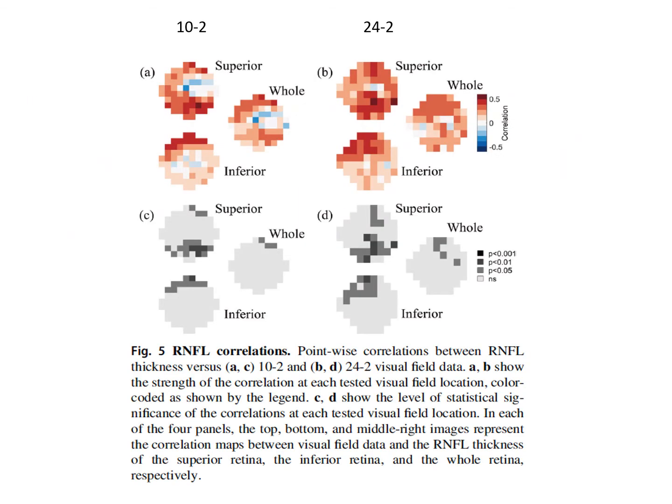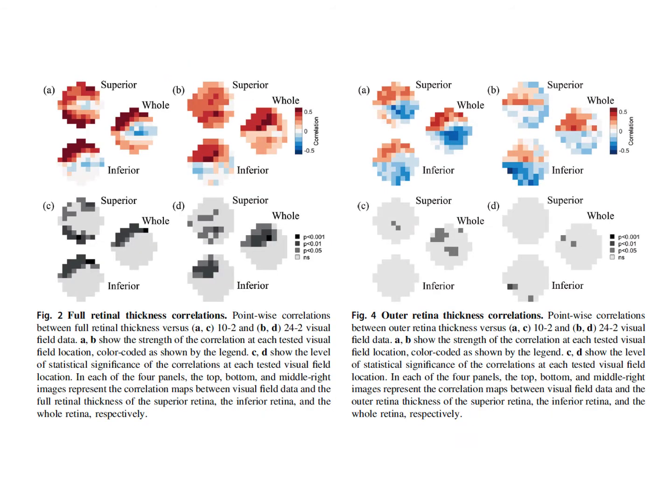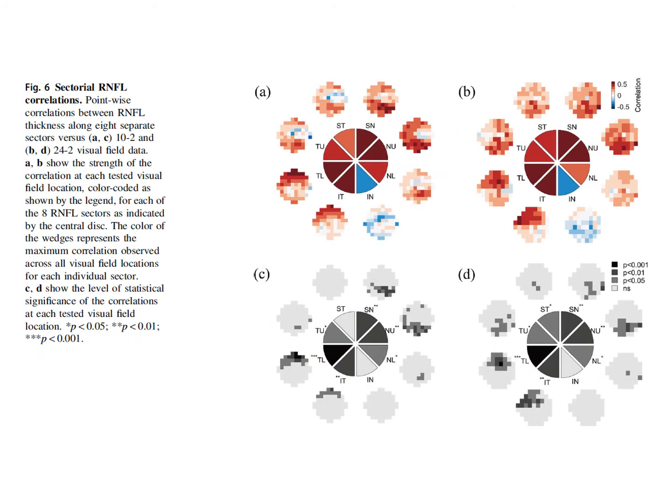Here the correlations are between both visual fields and retinal fiber layer thickness, and here the correlation between visual field and OCT for full retinal thickness and outer retinal thickness. And in this last image you can see the sectorial correlation between visual field and retinal fiber layer thickness.